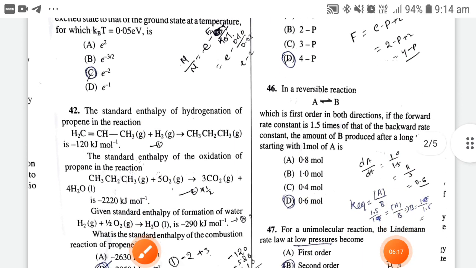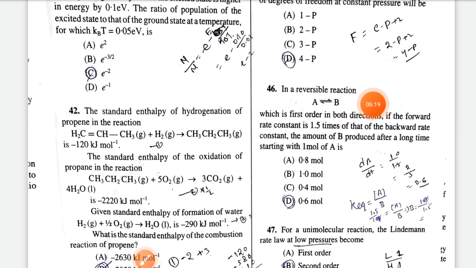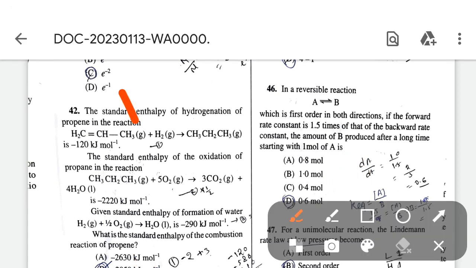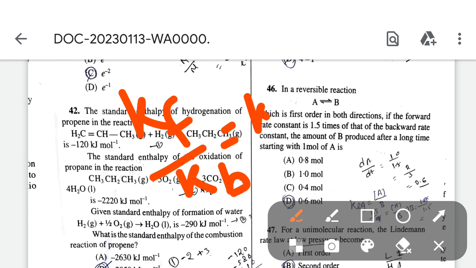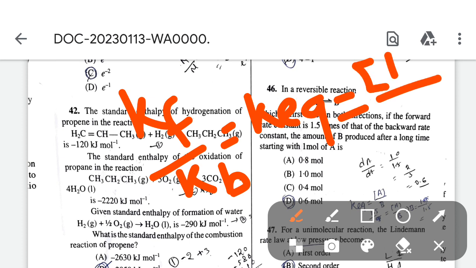Next question 46, in a reversible reaction A reversible B, which is first order in both directions, if the forward rate constant is 1.5 times that of the backward rate constant, the amount of B produced after a long time starting with 1 mole of A. We know that K forward by K backward is equal to K equilibrium, that is equal to concentration of product by concentration of reactant.